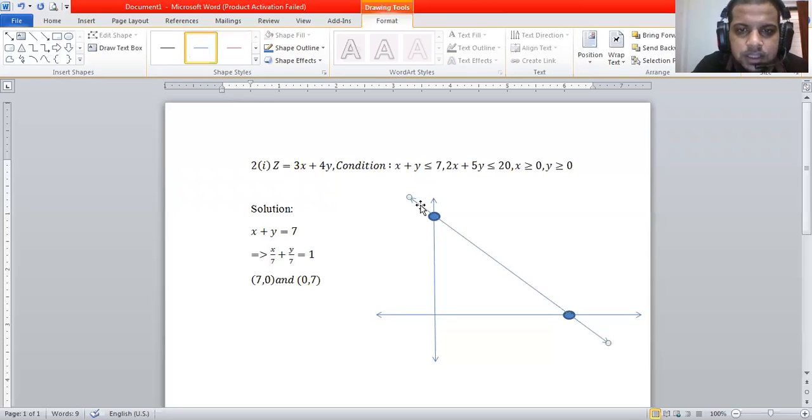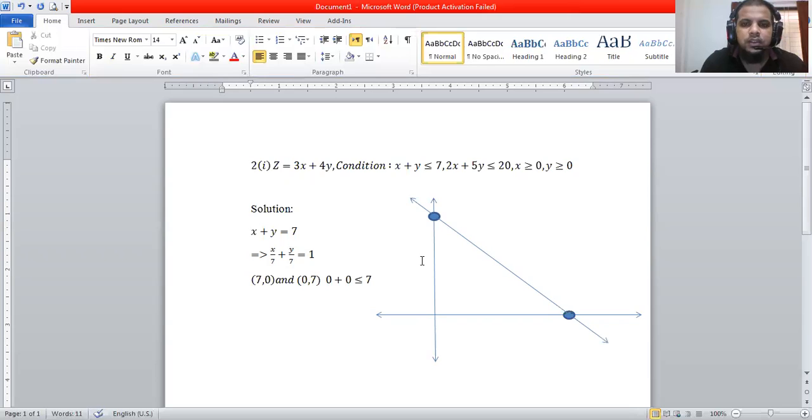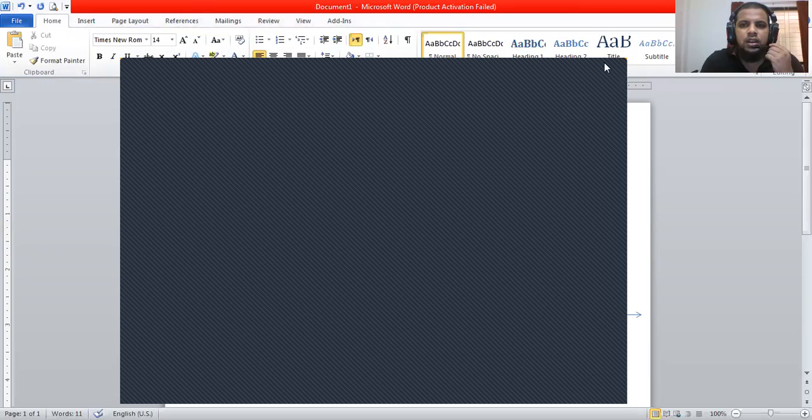So x plus y is equal to 7. That means the first equation. And if we put (0, 0), then what will be the condition? 0 plus 0, that means 0 is less than 7, so it is satisfying the condition. That's why we can say it will go towards the origin.